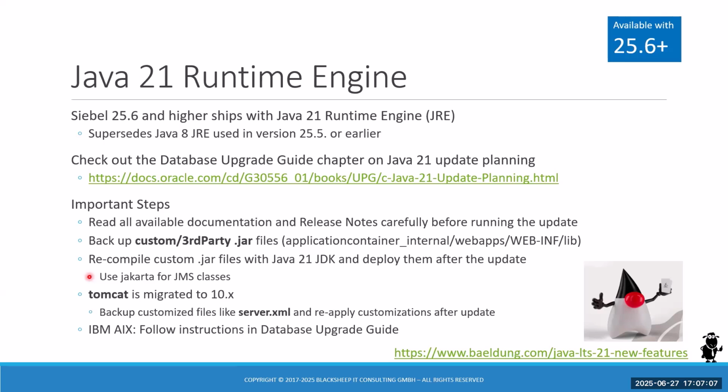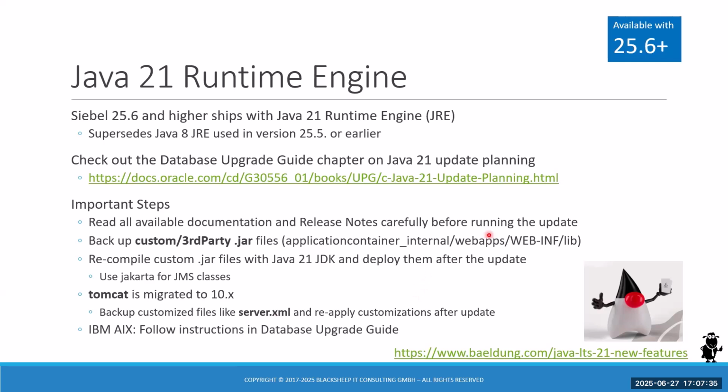Also, there's an advisory for JMS related stuff, which should now use Jakarta, which is the new standard in Java 21. The Tomcat, as mentioned, goes to 10.x, which comes with a new schema for server.xml. So some customizations might need to be reapplied. Yeah, so it's quite something.